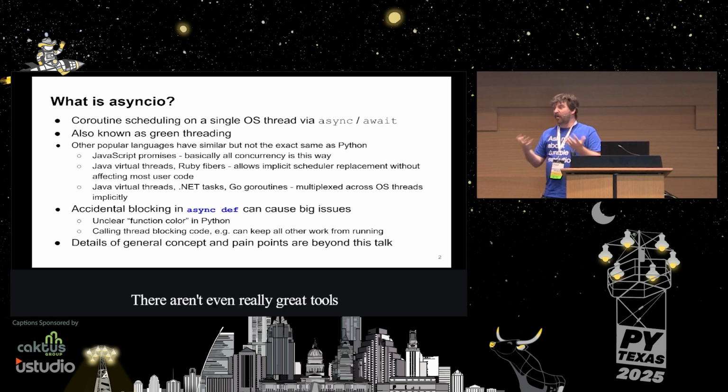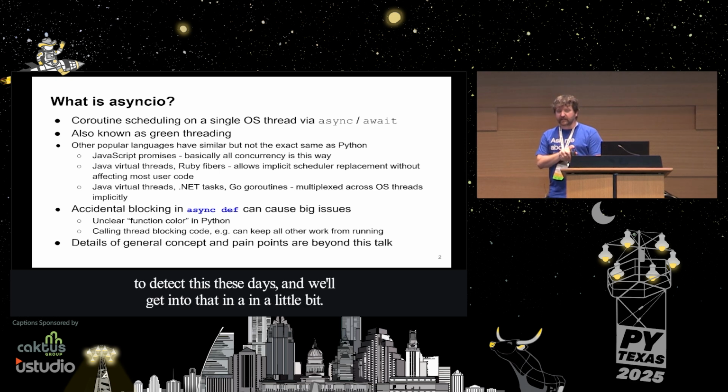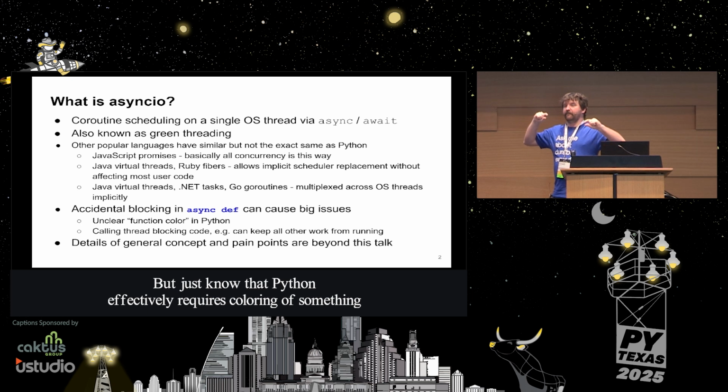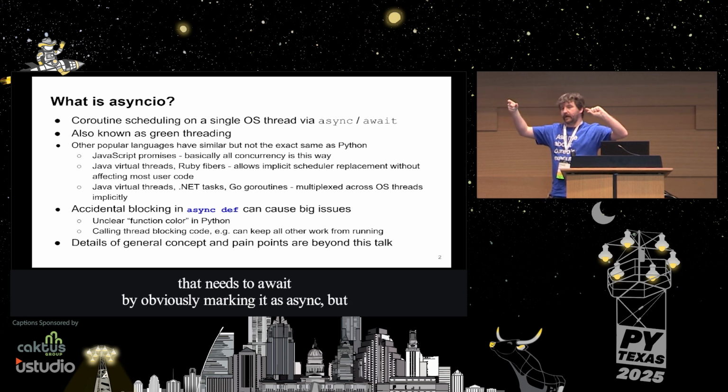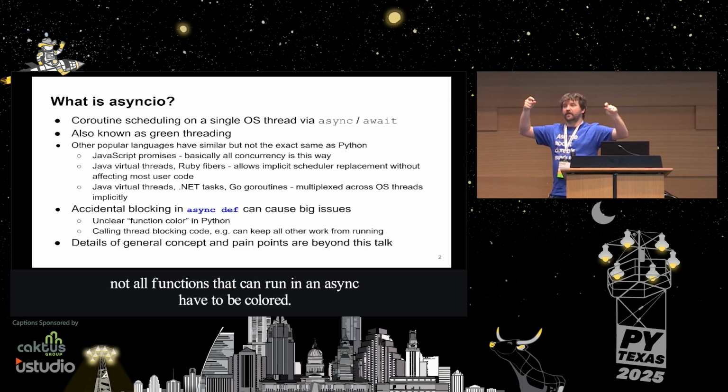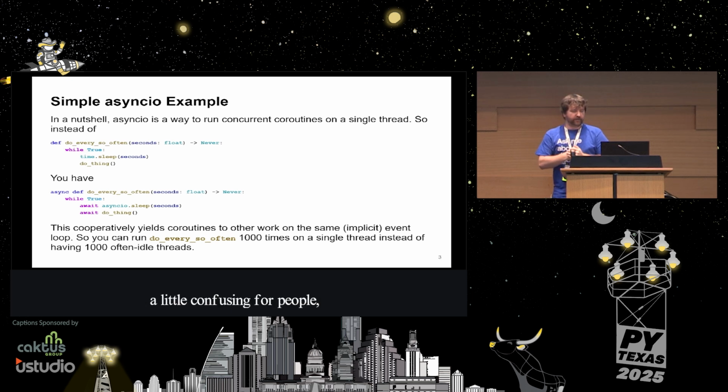Nothing can continue. There aren't even really great tools to detect this these days, and we'll get into that a little bit. But just know that Python effectively requires coloring of something that needs to await by marking it as async, but not all functions that can run in an async context have to be colored, and that's where it gets a little confusing for people.